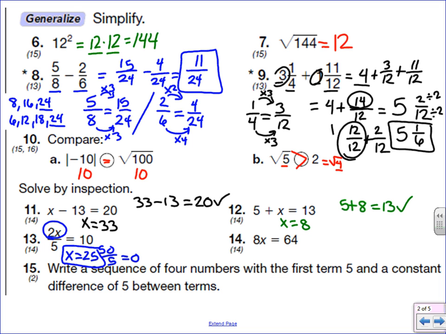So now I double check. 2 times 25 divided by 5 is 50 divided by 5 is 10. So that one checks out. And then the last one, 8 times what number gives me 64? Well, 8 times 8 gives me 64.